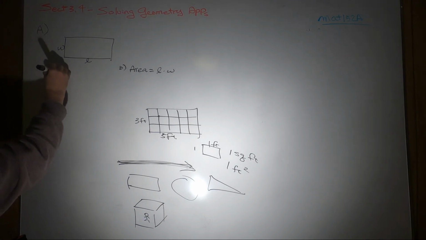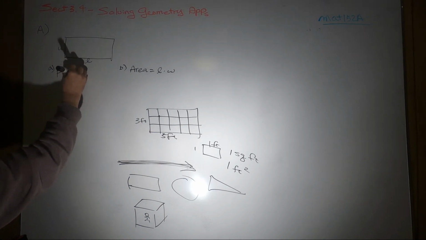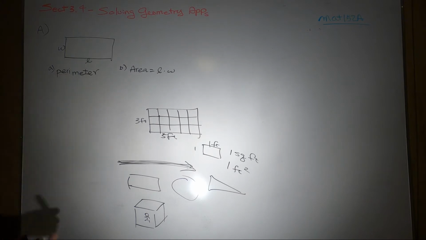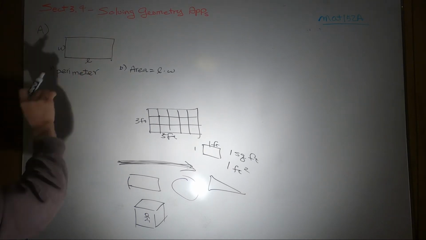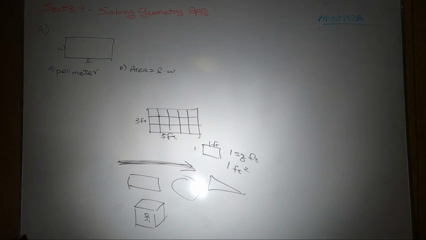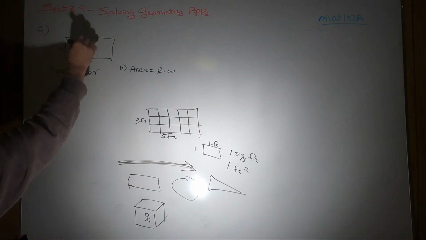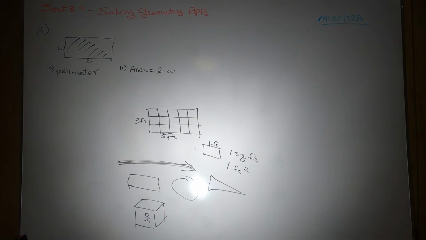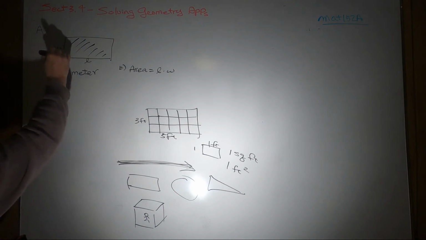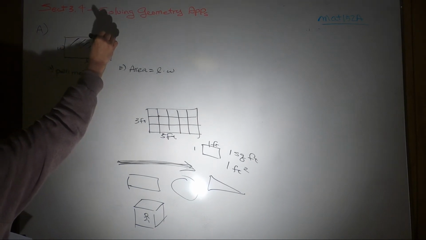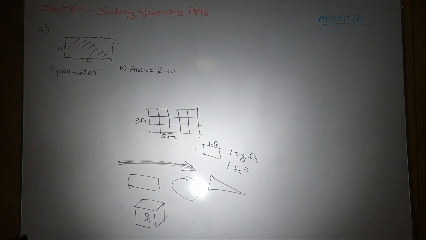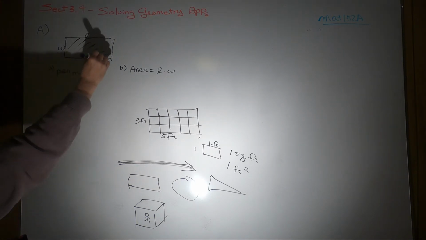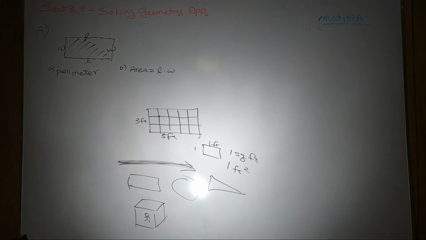Then another thing we talk about is called perimeter. It means the limit, the boundary of the rectangle. The perimeter is how long it is around the surrounding. If it's a rectangle, this side will be L and this side will be W, the same on both sides.